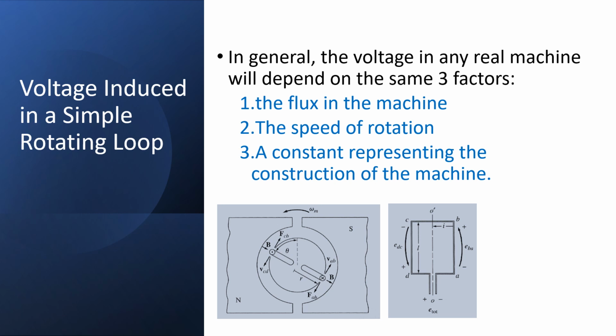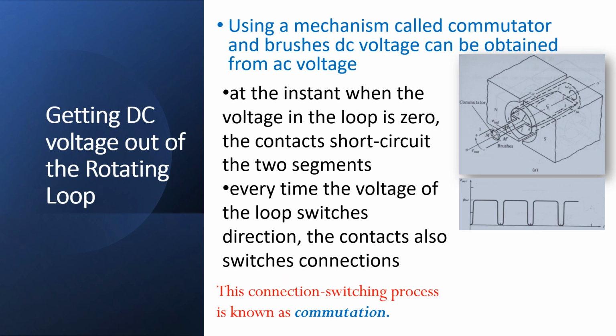In general, the voltage in any real machine will depend on the same three factors. The first is the flux of the machine, the second is the speed of rotation, and the third is a constant representing the construction of the machine. Then how do we get the DC voltage out of the rotating loop? Because in the loop, the voltage produced is AC.